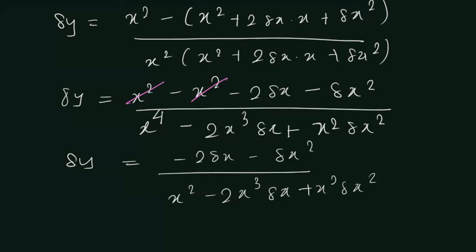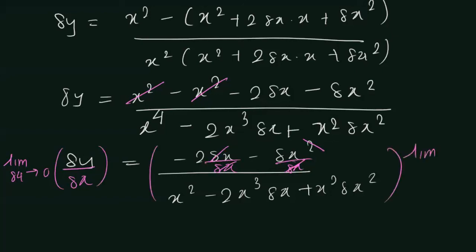So we will divide all by delta x. This also delta x, this also delta x. So one delta x cancels with this delta x. Let us apply limits also: limit delta x goes to 0.